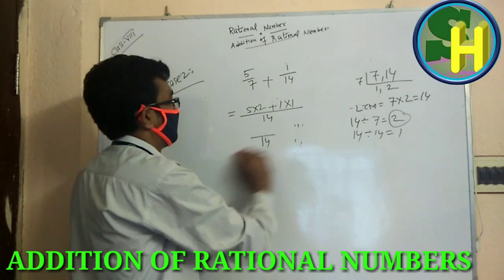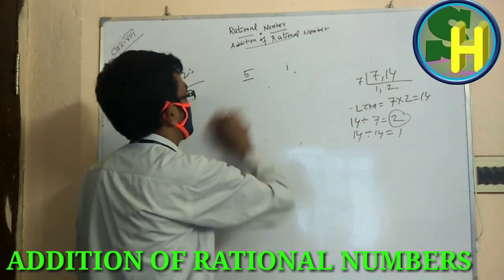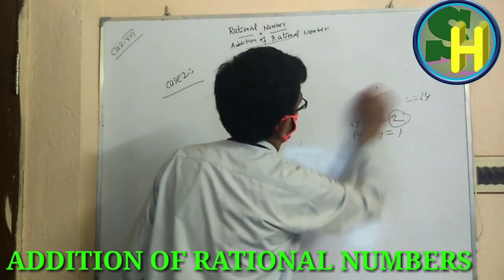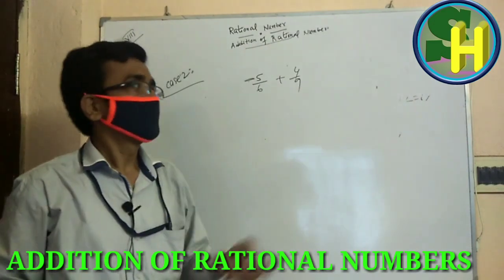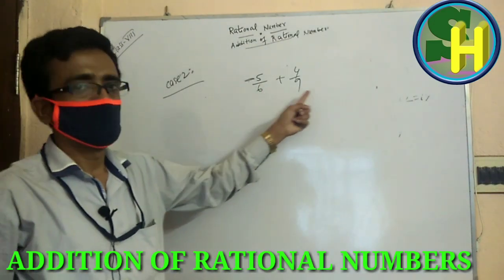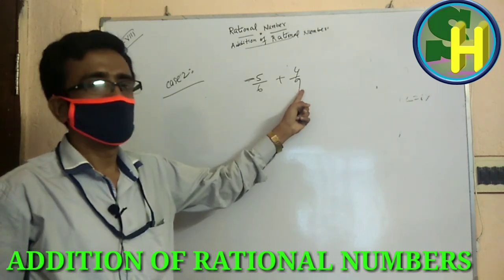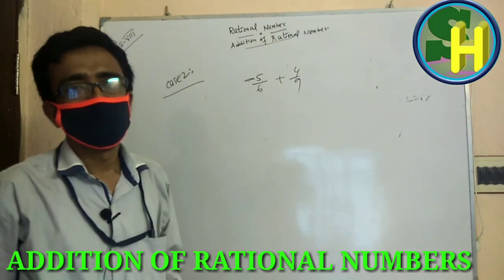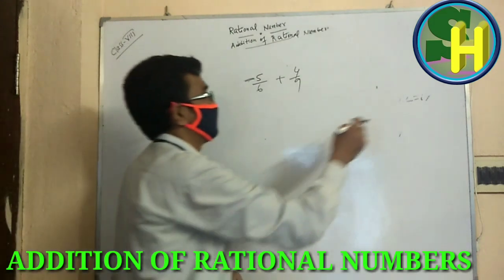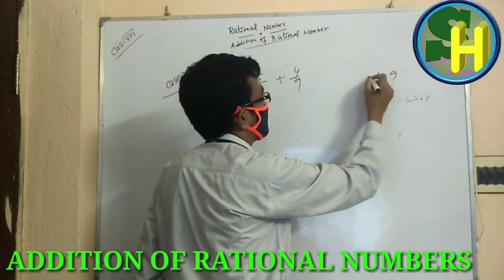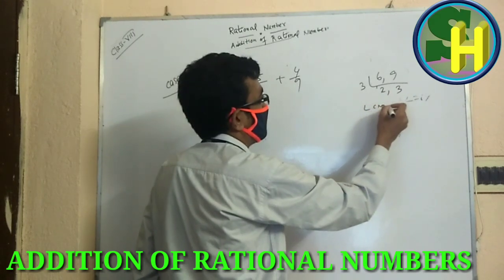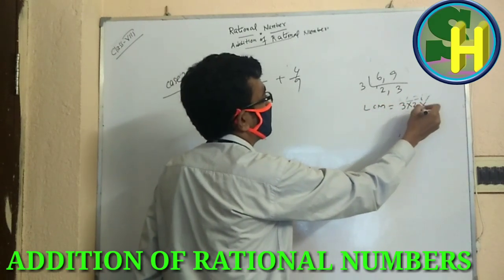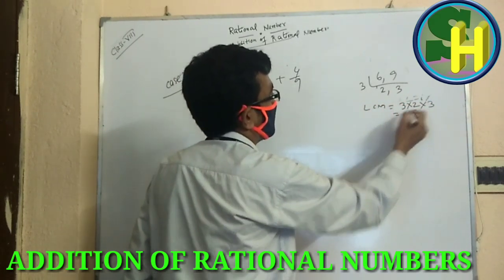Also, in another process, I am showing how to add in case of unequal denominators. You just find the LCM because here we have 6 and 9, both unequal denominators. So the LCM of 6 and 9 is 3 into 2 into 3, that is 18.